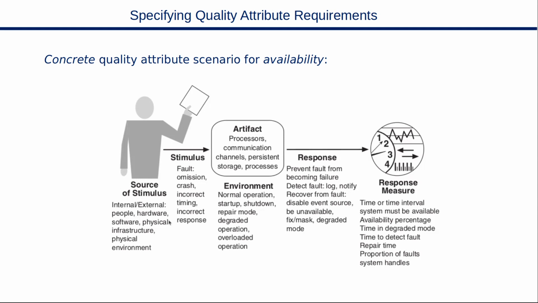You will be able to select one of the available options, if you learn all of them, to build your concrete scenarios. For example, you can say that in my particular case, the source will be external, and the stimulus will be this one: normal operation on communication. So you will choose concrete things from the general scenario to describe your cases according to your domain and what you are expecting.